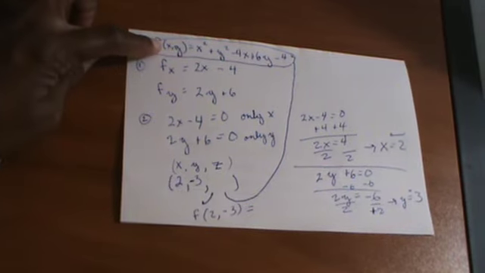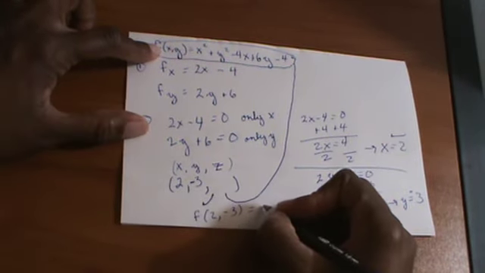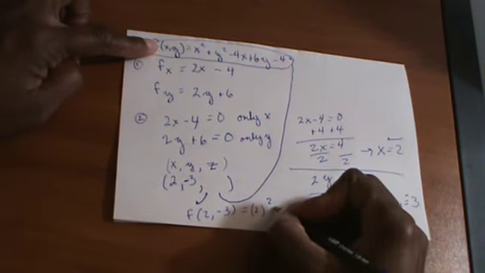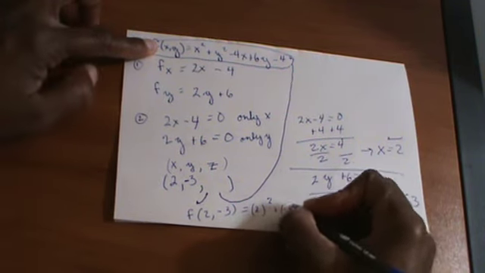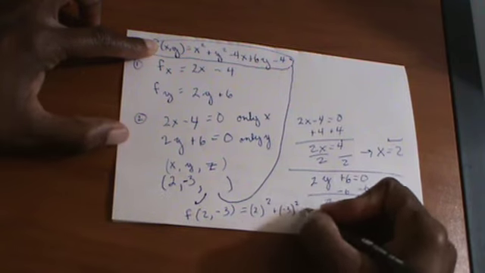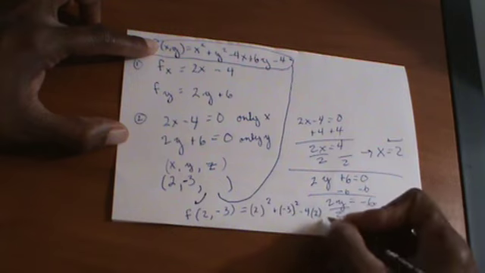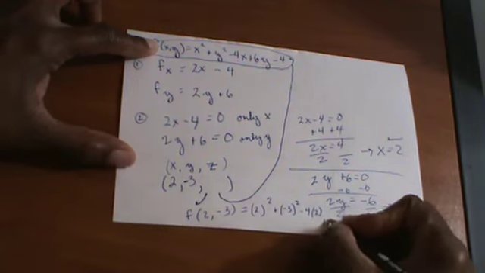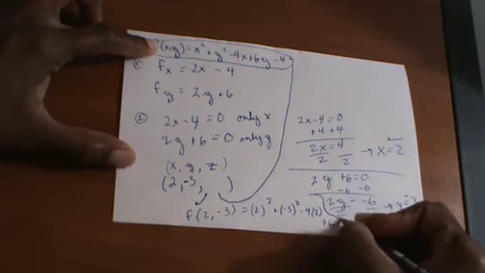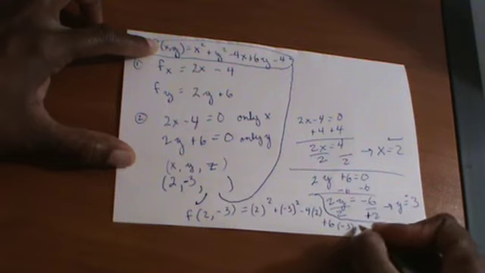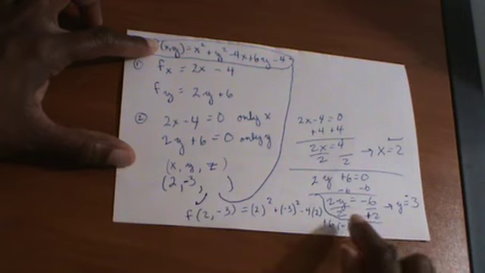Okay, I'm going here, look where my finger is. 2 squared, right here, plus negative 3 squared minus 4 times 2 plus 6 times negative 3 minus 4.